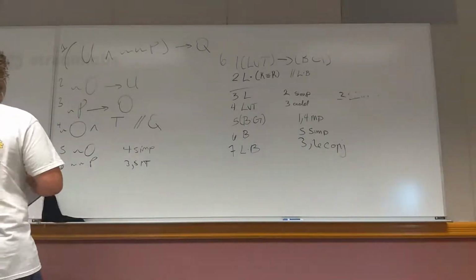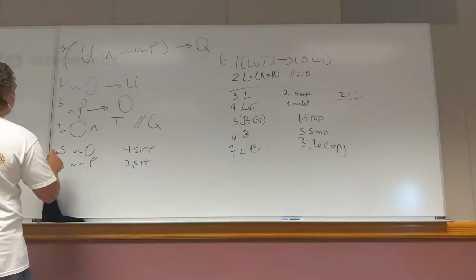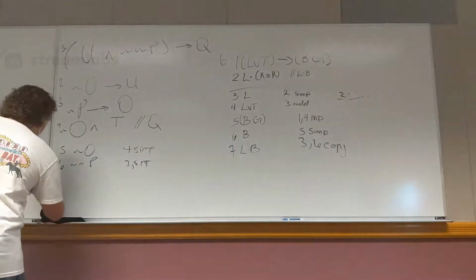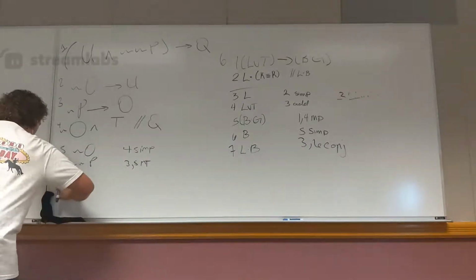And then I turned around and used 2, 4, or no, 2, 5 modus ponens to get U. Oh, right, wrong number.